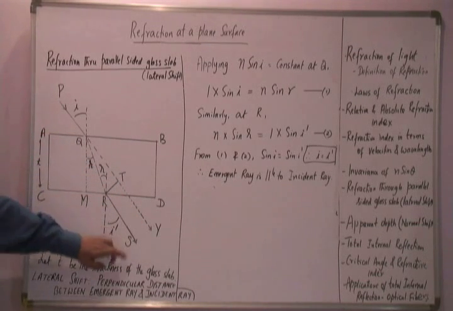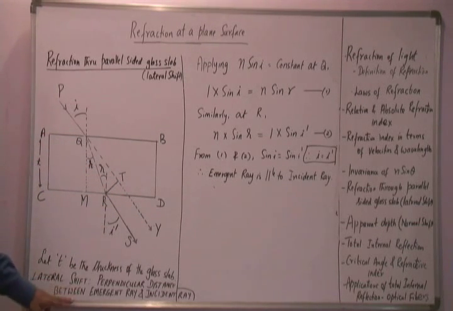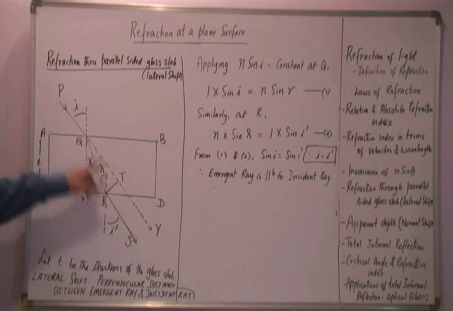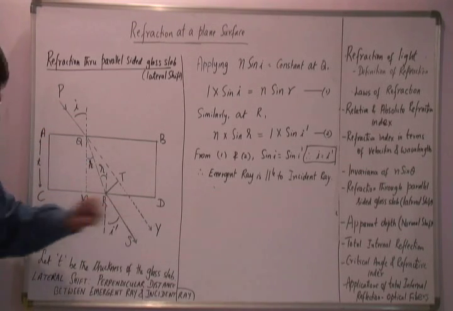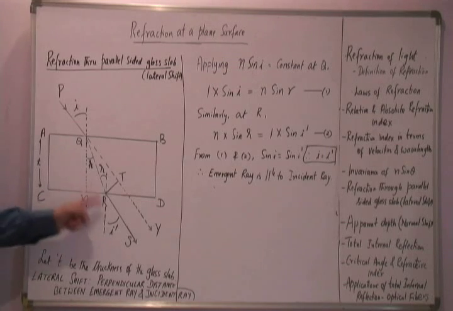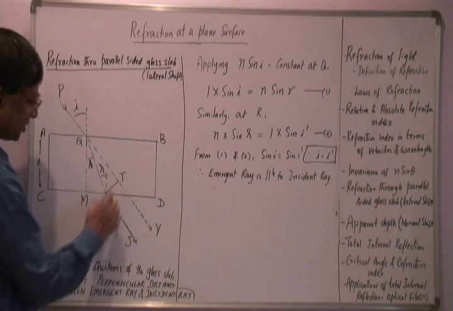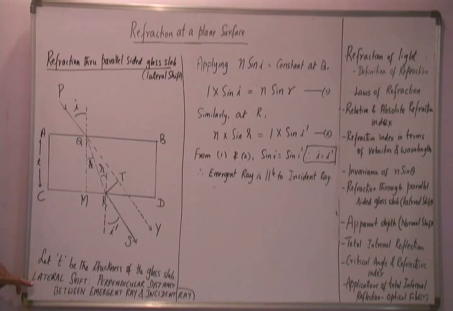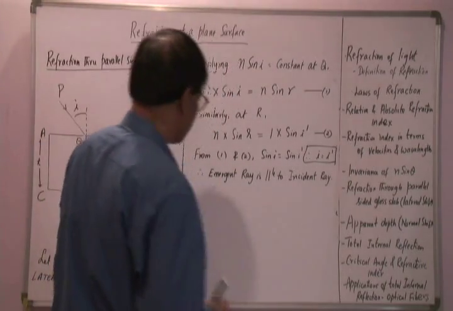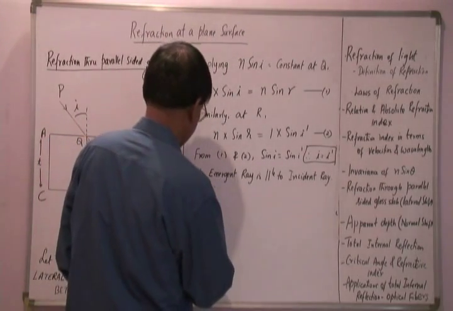That means the emergent ray is parallel to the incident ray, and the perpendicular distance between these two rays is what is called the lateral shift.